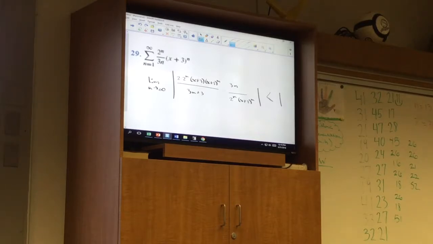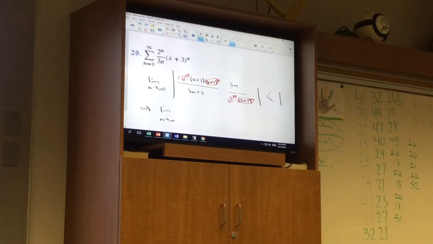This right here is my n plus first term, and I'm dividing by my nth term, which is the same as multiplying by the reciprocal of the nth term. And now when I do that, I am going to see that that is going to cancel out with that, and that's going to cancel out with that, and I'm going to be left with the limit as n approaches infinity of the absolute value.